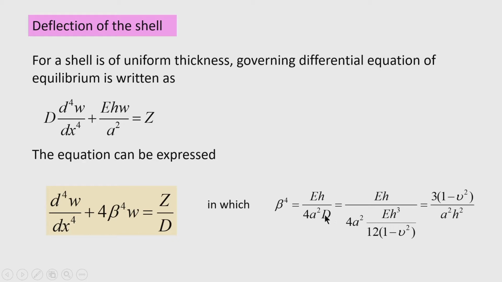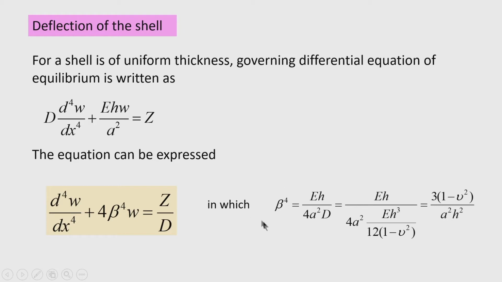Now, substituting D as E h cube divided by 12 (1 minus mu square) and simplifying, we get beta to the power 4 equal to 3 (1 minus mu square) divided by a square h square.